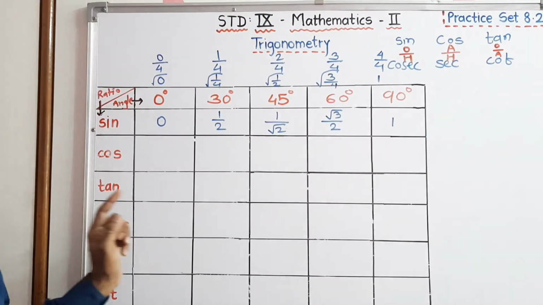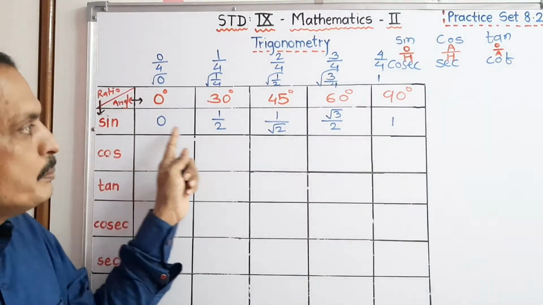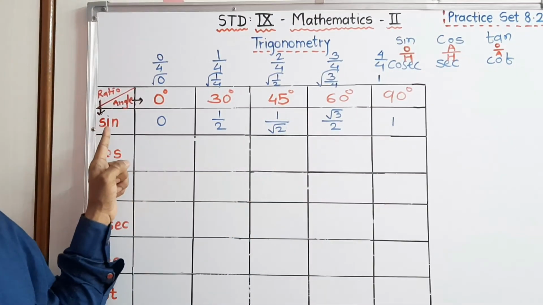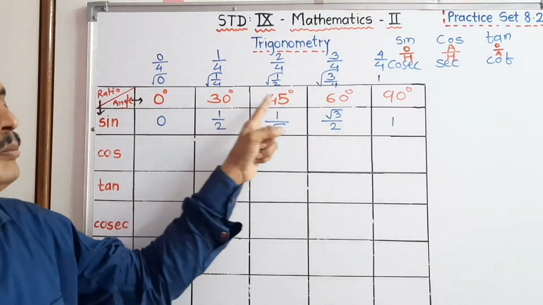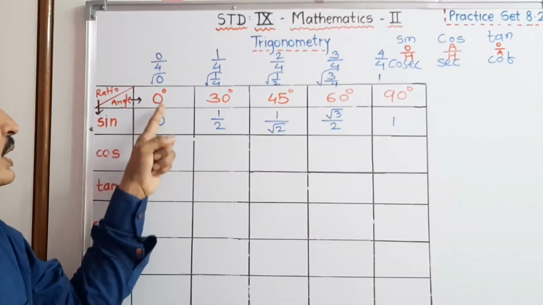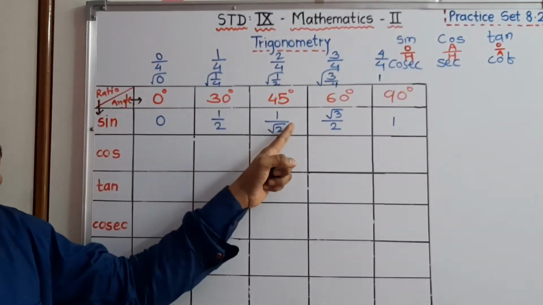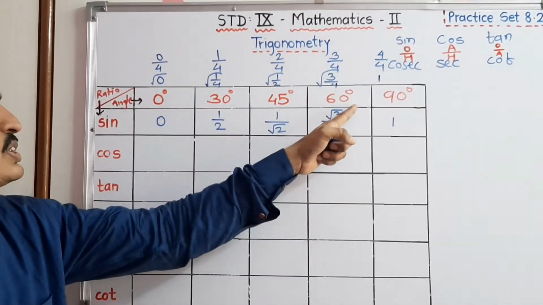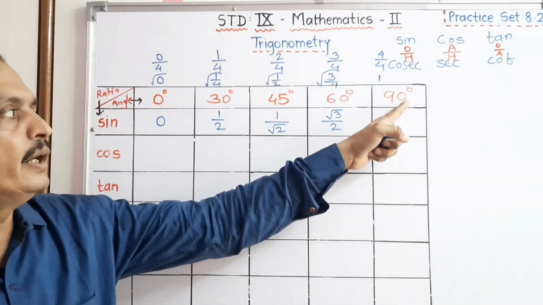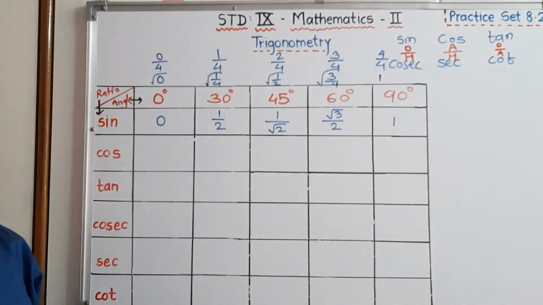Dear student, in this simple way, we will get the values of sine ratio for different measure of angles. Sine 0 degree is 0, sine 30 degree is 1 upon 2, sine 45 is 1 upon root 2, sine 60 is root 3 upon 2 and sine 90 is equal to 1.